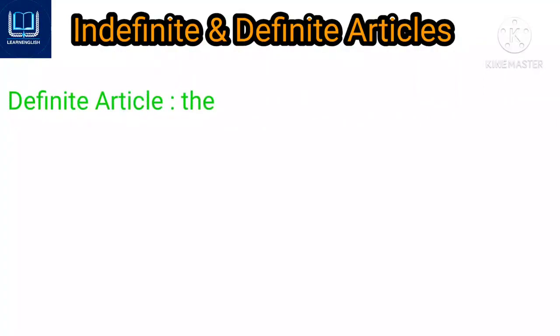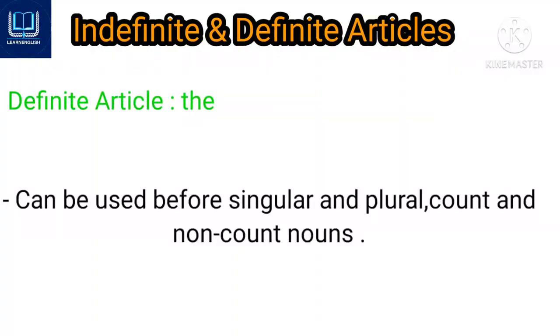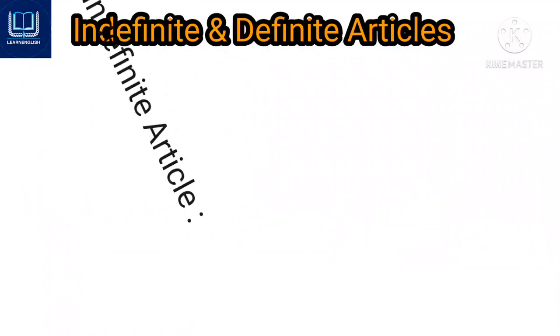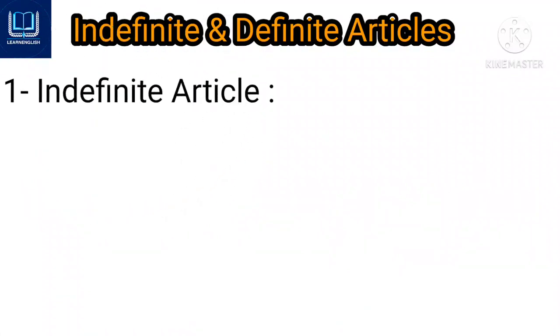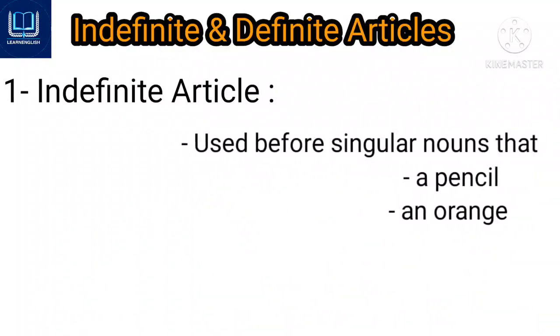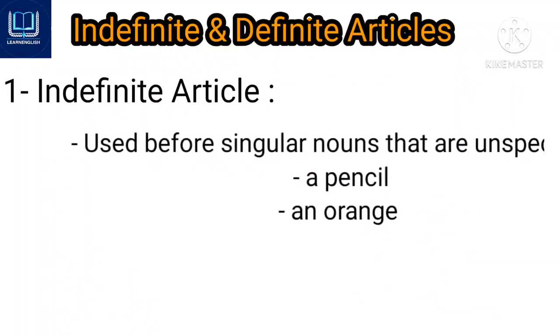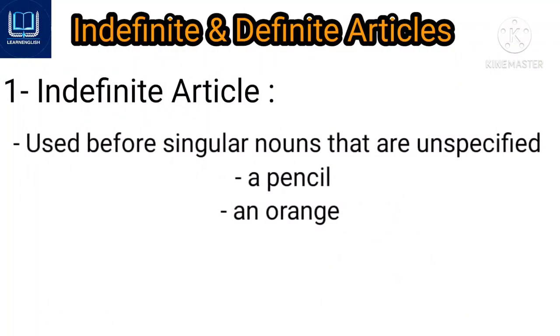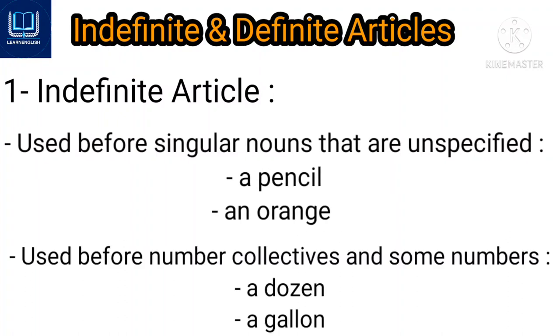Definite article the can be used before singular and plural count nouns. Indefinite article is used before singular nouns that are unspecified. Example: a pencil, an orange. Used before number collectives and some numbers.